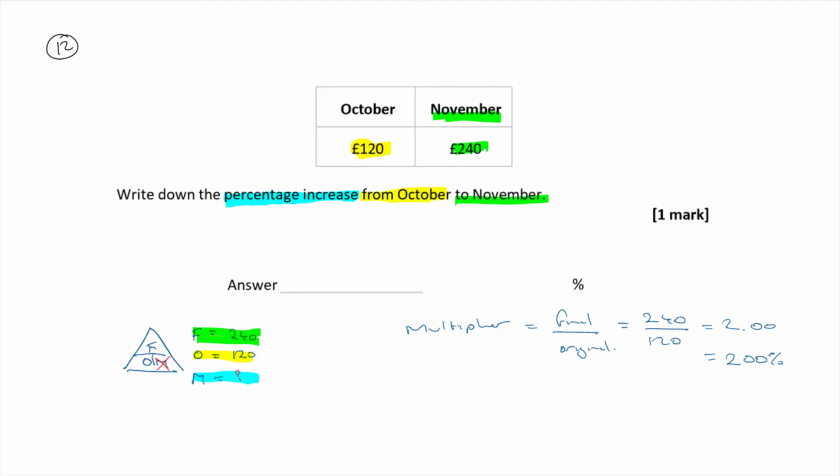So if it started off at 100% and is now 200%, then the increase is the 200% it is now minus the 100% it was to start with, and that is 100%. And so that is my answer. It's increased by 100%.